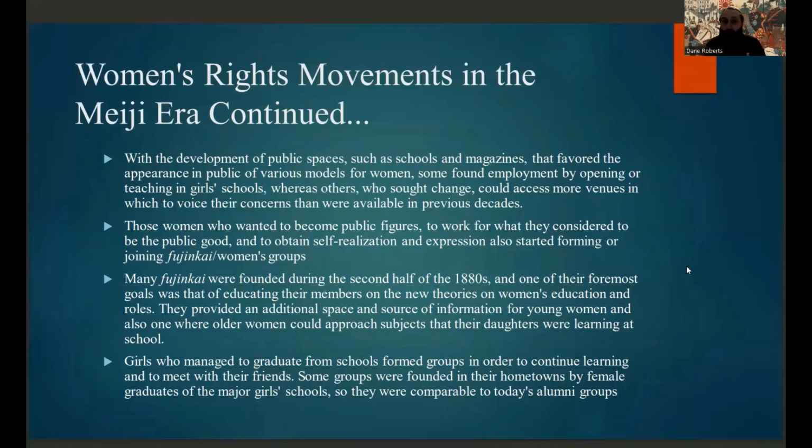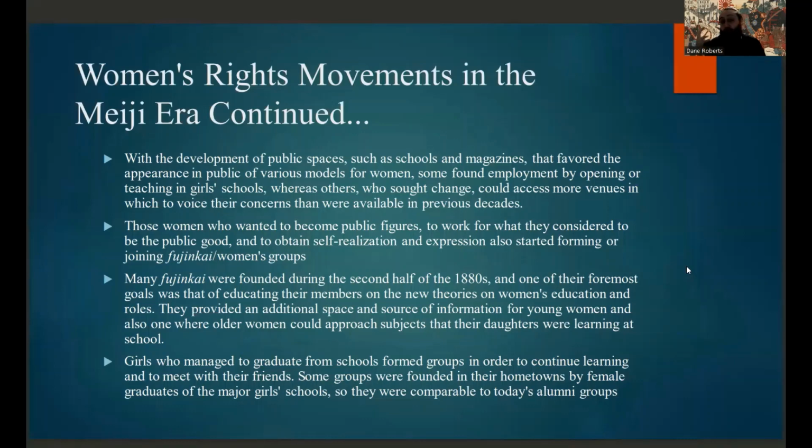And so many of these women became public figures to work for what they considered to be the public good, and they started forming what are known as Fujin Kai, or women's groups, many of which were founded in the second half of the 1880s, with the foremost goal being educating their members with new theories of women's education and roles.